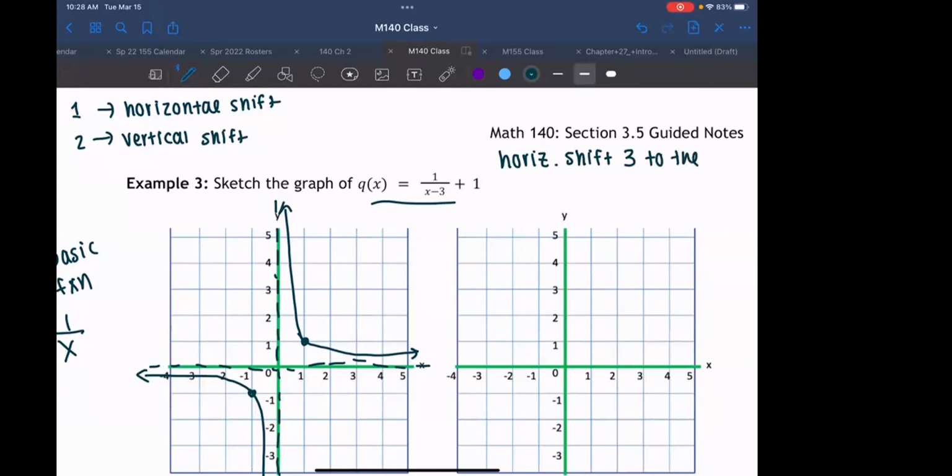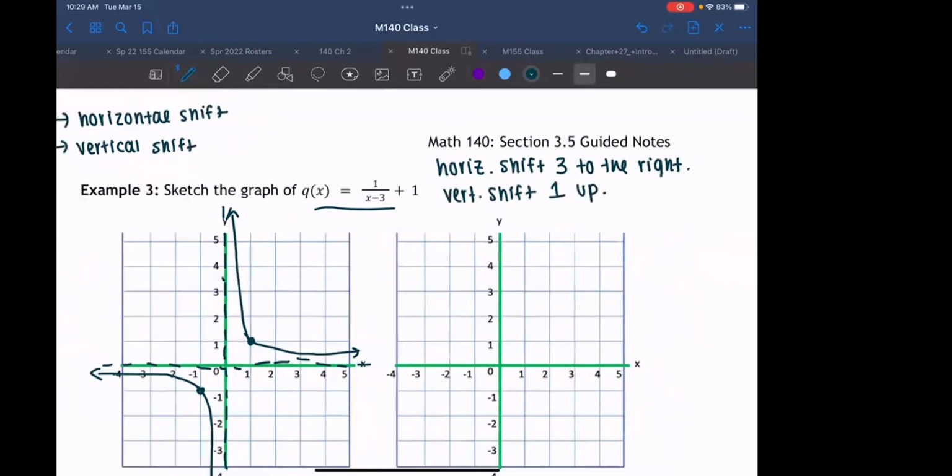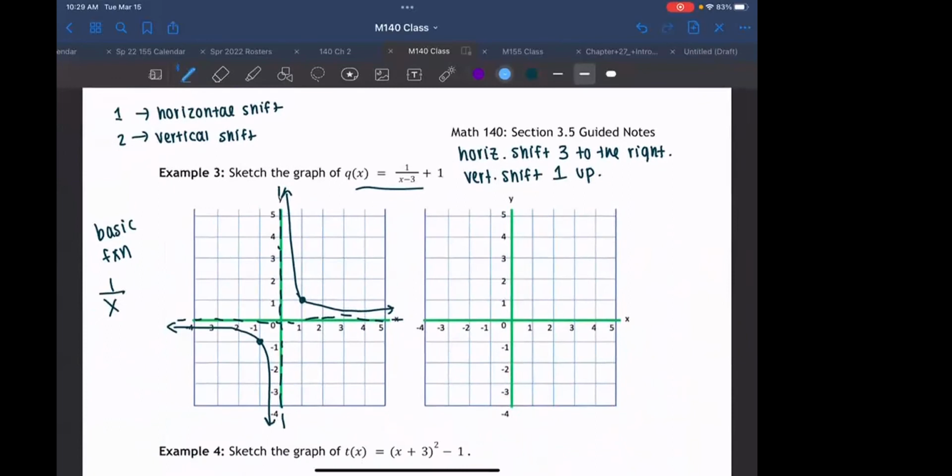To the right, right? Because 3 is negative. So you're shifting 3 to the right. Okay. And then the 1 is a vertical shift, right? Are we going up or down? Up, right? Okay. So in our heads, let's just take each part of this graph and move it 3 to the right, and then we're going to move it up 1.